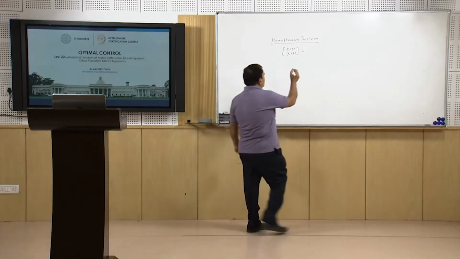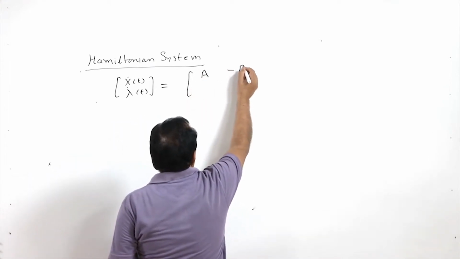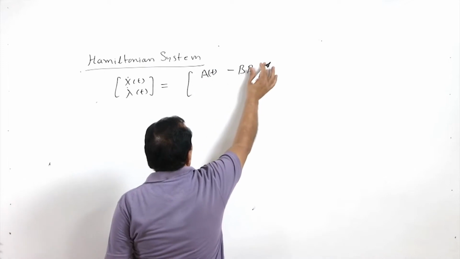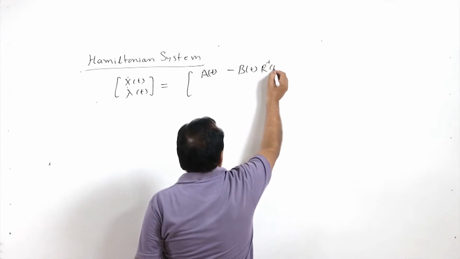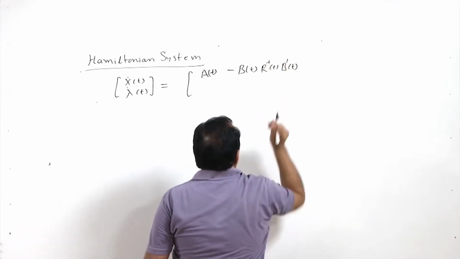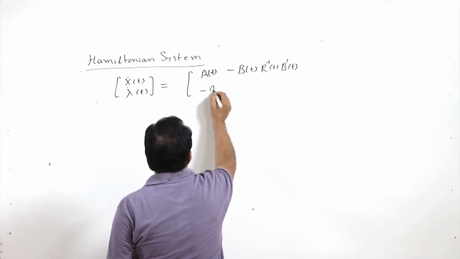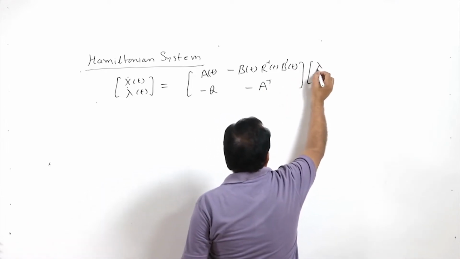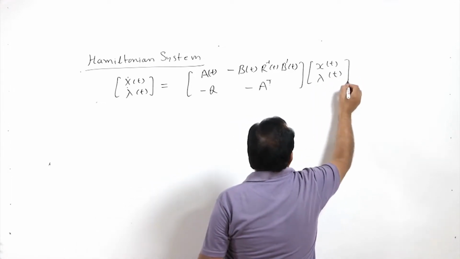Here it is a time varying case, so all my matrices are functions of time: A minus B R inverse B prime, which is my E, and minus Q, minus A transpose, times x(t), lambda(t).